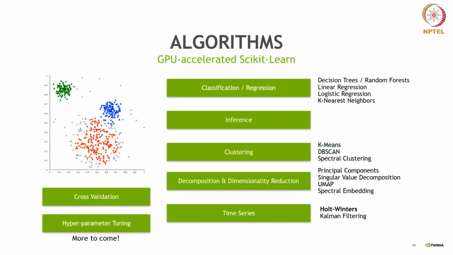As I said, it has almost all the functionalities of sklearn. It provides you time series based options. It has clustering algorithms. It has classification and regression algorithms, and day in, day out there are many more coming into cuML. And since it's an open source initiative, there are a lot of algorithms which are getting added. It still doesn't have all the features of sklearn, but it is becoming more and more comprehensive each and every day.